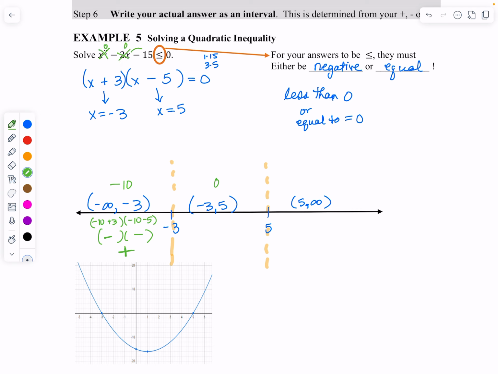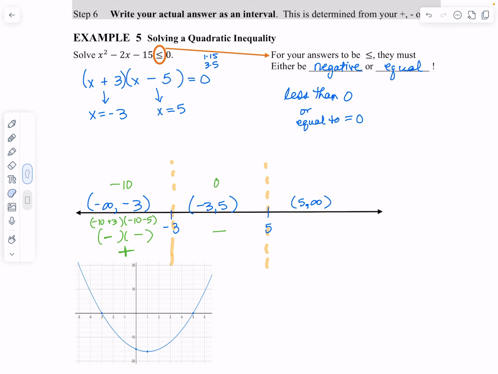So the only thing left is this negative 15. Again, I don't care that it's a negative 15. I care that it's negative. So any number that I plug in this interval is going to give me a negative answer.